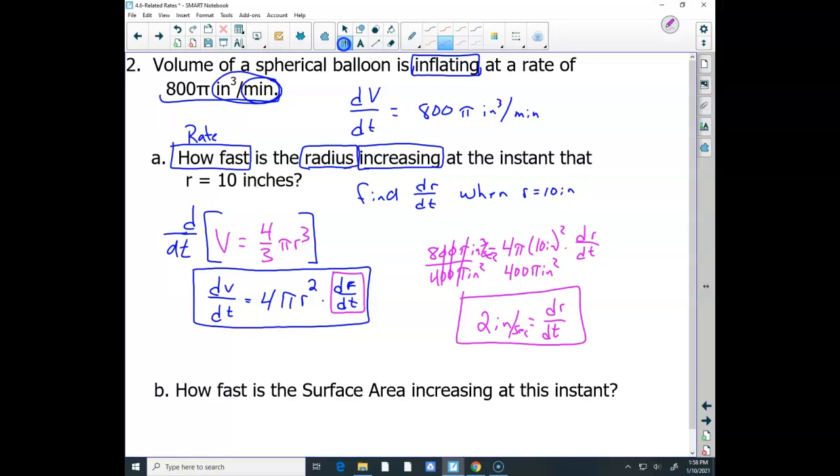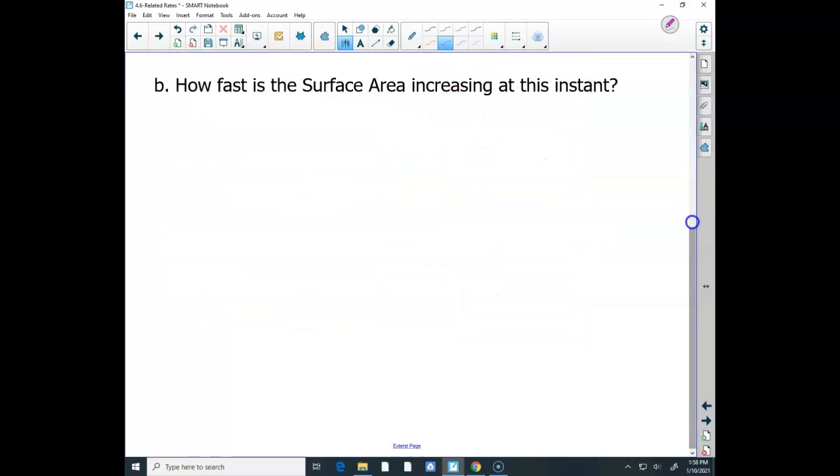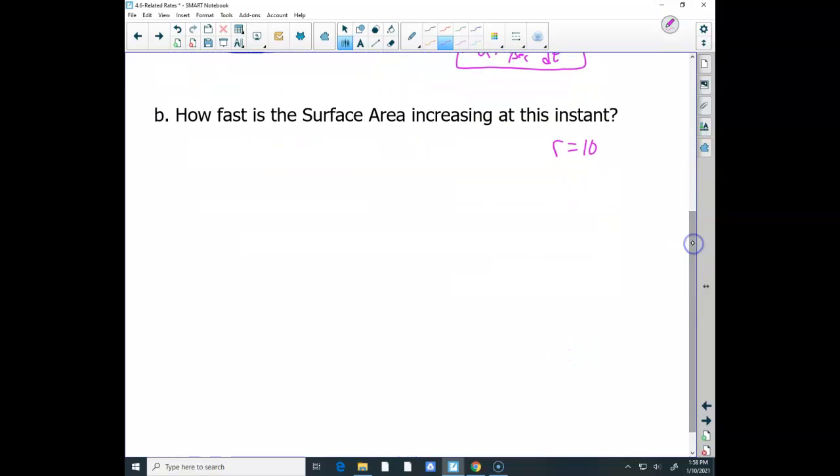And we can keep hammering away with these. How fast is the surface area increasing at this instant? What instant are we talking about? Well, we're talking about the instant when r equals 10 inches. What do I know?